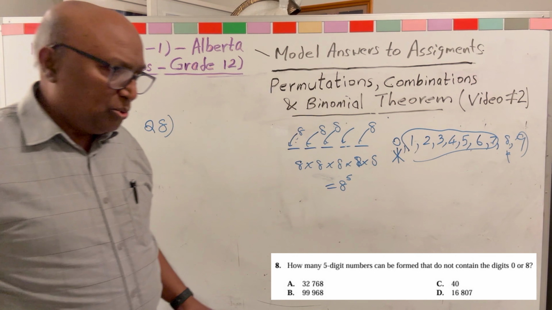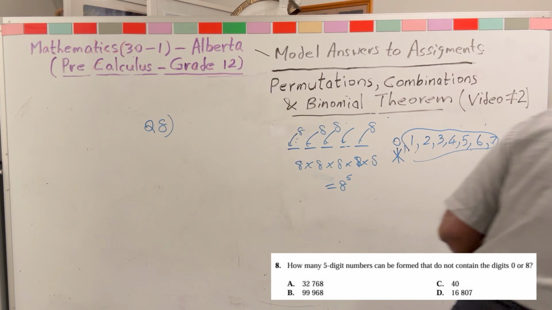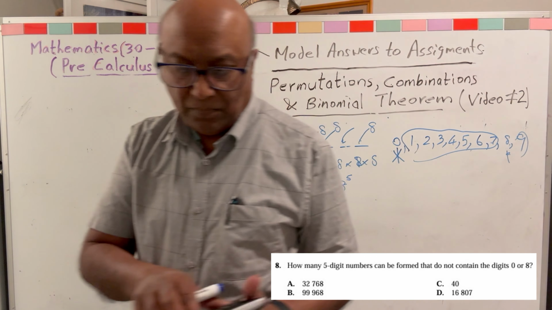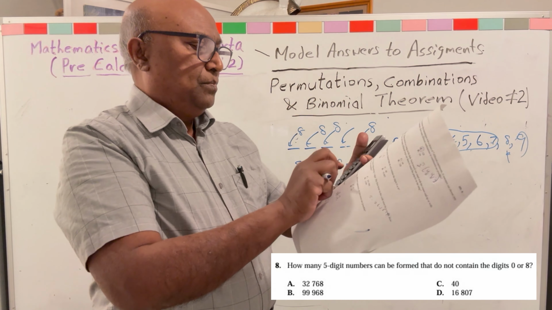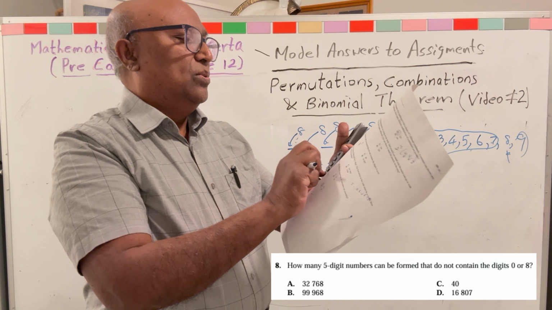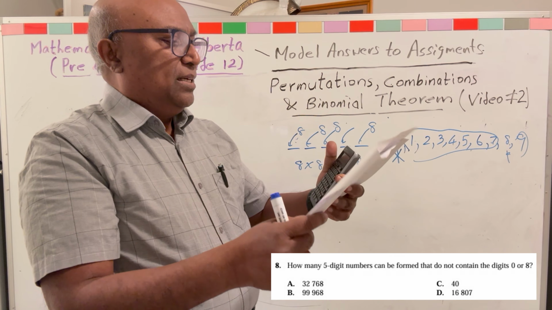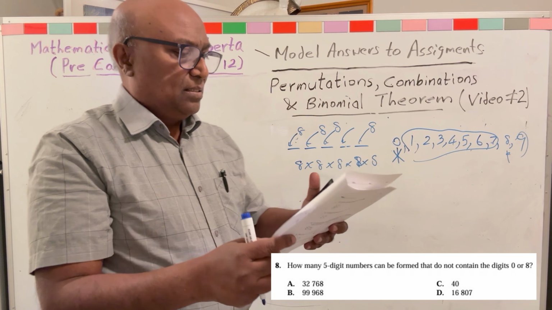Let's simplify this using the calculator. Eight to the power of 5 is 32,768. Yes.